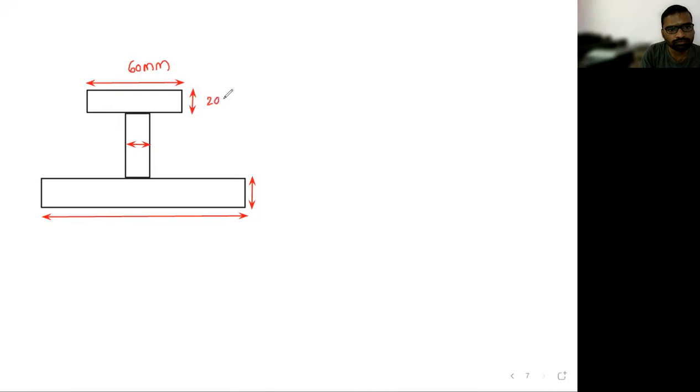This is 20 mm, 20 mm, this is 100 mm, this is 20 mm. The remaining is 100 mm. You can just check it. I will upload its solution. I still have some more solved examples in my notes; I will scan and upload them.